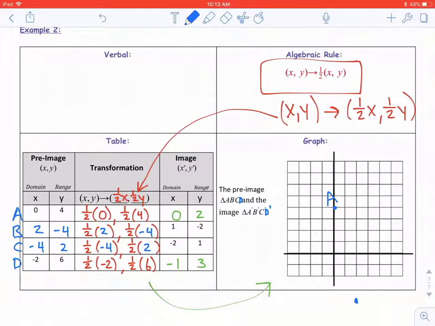So I did not plan as far ahead as I thought right there. -4, 2. So let's go to -4, 2. Let's see, that's B, that's C. D is at -2, 6. All the way up there. Alright, so let's connect these points.